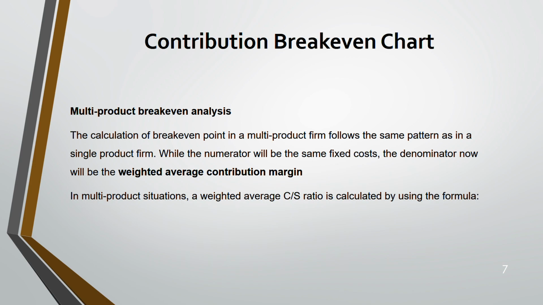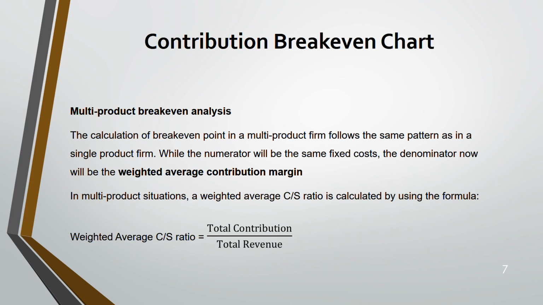So here we calculate this weighted average contribution margin. How do you find that ratio? CS ratio. It is this. CS means contribution to sales ratio. So total contribution divided by total revenue. CS ratio.